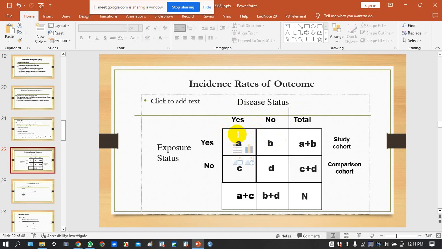So if we have about 50 people in Bolgatanga, and out of these 50 people, 10 people get HIV, then 40 people will not get HIV.